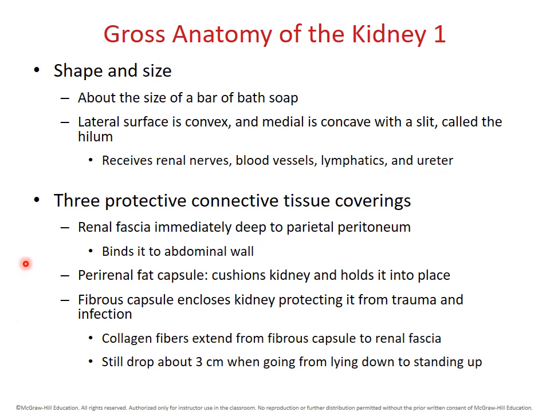Last time we left off at objective number 14, and so we've already described the location of the kidneys, their approximate shape and size, and we've talked about the various protective coverings in which the kidneys reside.